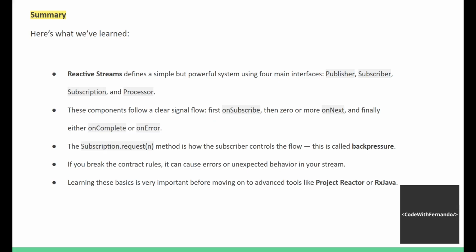This is called back pressure. If you break the contract rules, it can cause errors or unexpected behavior in your stream. Learning these basics is very important before moving on to advanced tools like Project Reactor or RxJava. We are going to be working with Project Reactor in this series of videos.